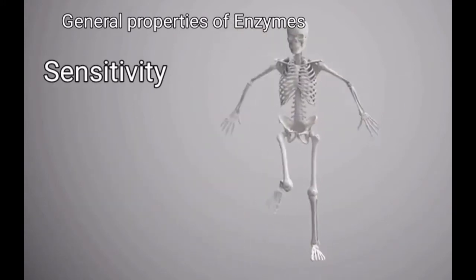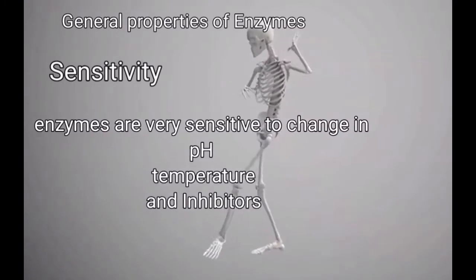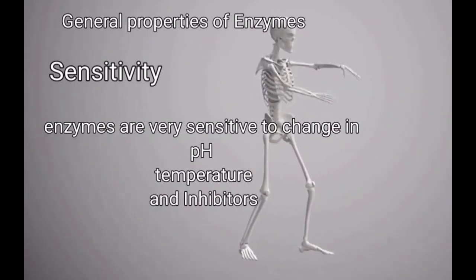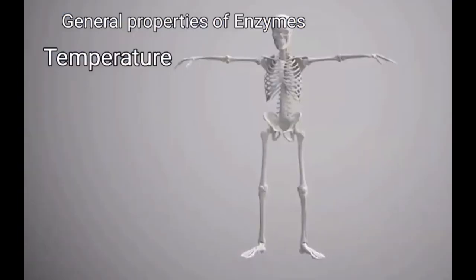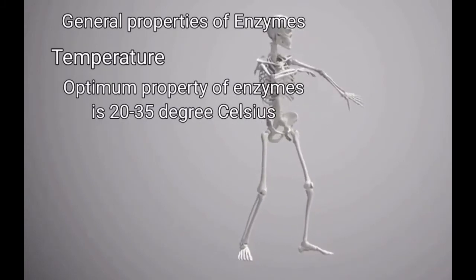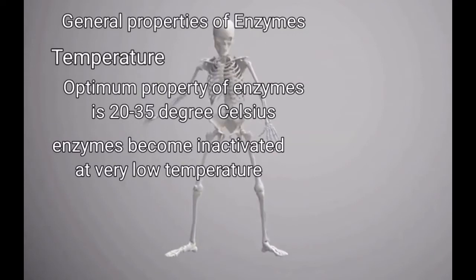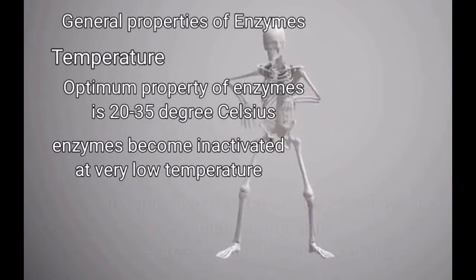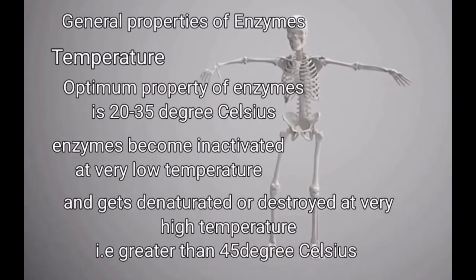And the other very important property of enzymes is sensitivity. Enzymes are very sensitive to changes in pH, temperature, and inhibitors. First of all, let us talk about change in temperature. The optimum temperature of enzymes is 20 to 35 degrees Celsius. So the enzymes become inactivated at very low temperature and get denatured or destroyed at very high temperature, that is greater than 45 degrees Celsius.